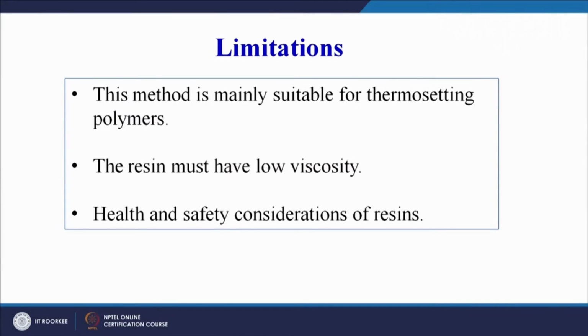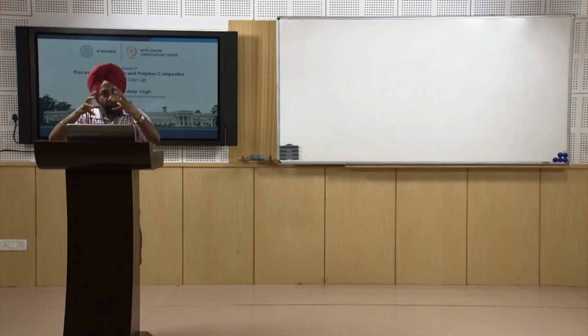Therefore, it is important that the resin should be able to wet and impregnate the fibers properly. Health and safety consideration of the resin is also important. We have to mix the hardener and the resin together. We have to make our matrix. In this case, making the matrix means that we have to add the hardener and the resin. The hardener acts as a catalyzing agent, and when combined together, it starts the process of polymerization, and the solidification of the polymer takes place on the addition of hardener.